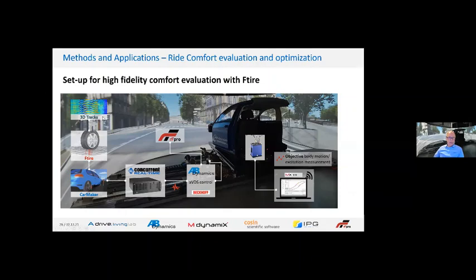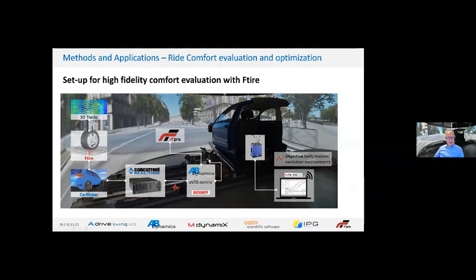And what we did is we integrate 3D models like OpenCRG, for example. We integrate F-Tire, and you know F-Tire is a very detailed physical tire model, which needs a lot of calculation power.